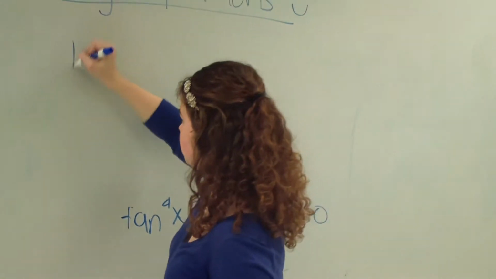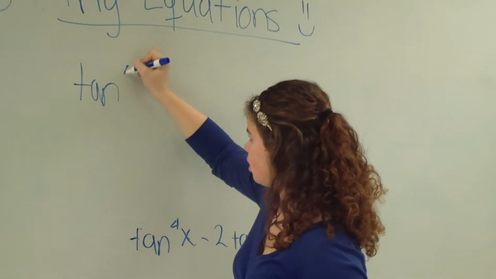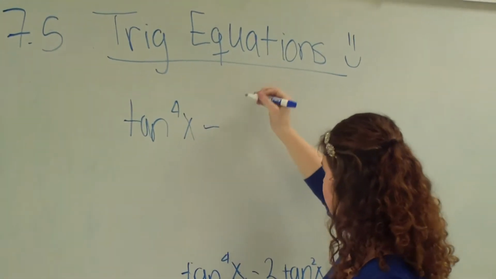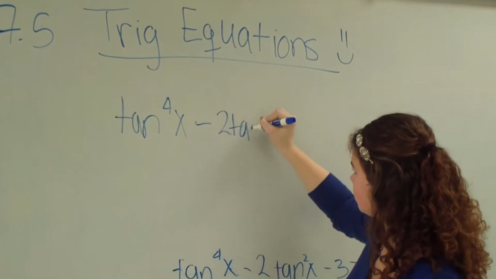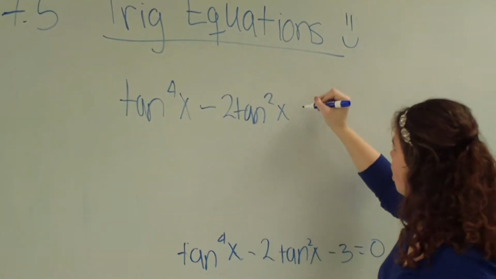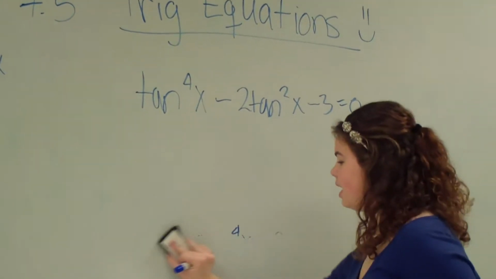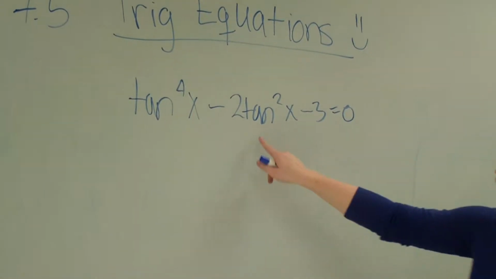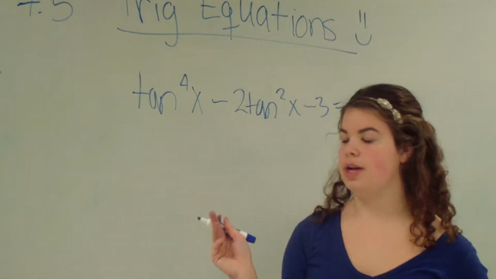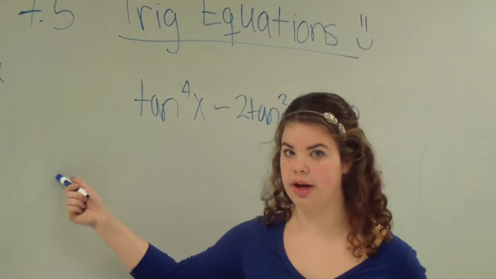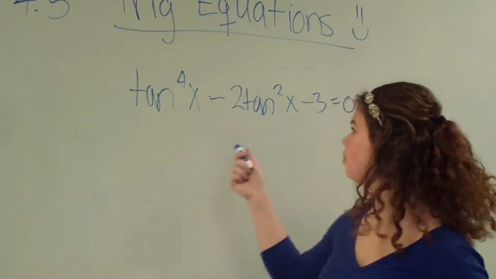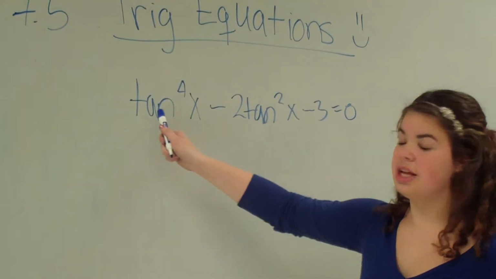So that's tangent to the 4th x minus 2 tangent squared x minus 3 equals 0. And next, this looks a lot like your polynomial equations where you would have something like x squared minus something x minus a number, but it's just with tangent.